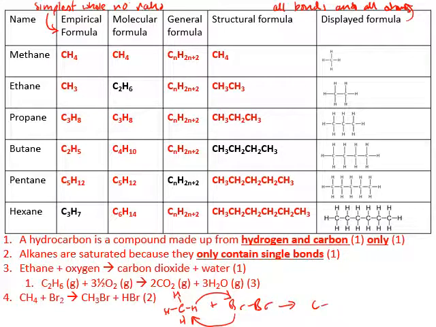So we get a substitution and mono-substitution reaction, and your bromine atom now becomes part of the organic compound, and this is now part of a different family. This is called a halogenoalkane. And you also get a gas, and that's hydrogen bromide.